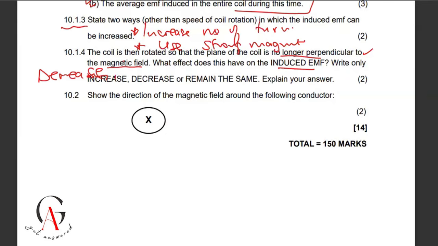It simply means that as the coil rotates, a component of the magnetic field decreases.